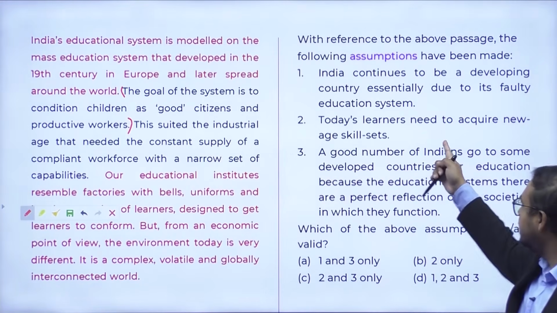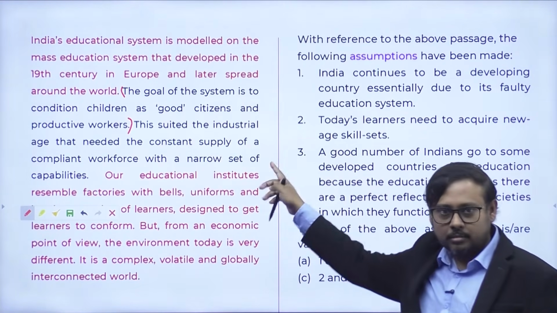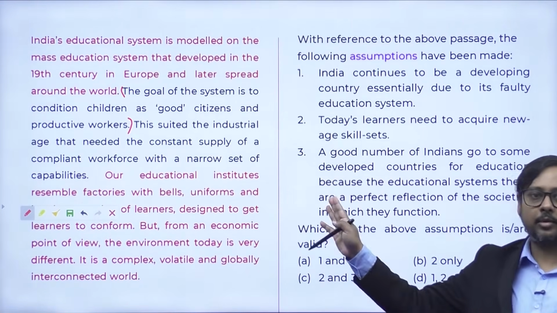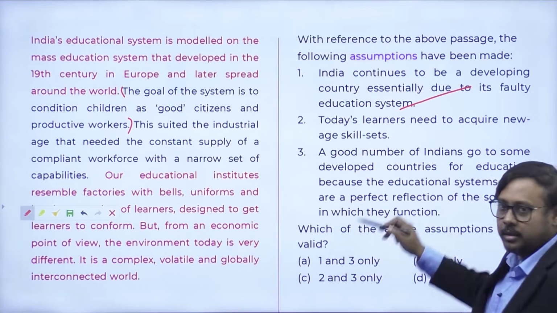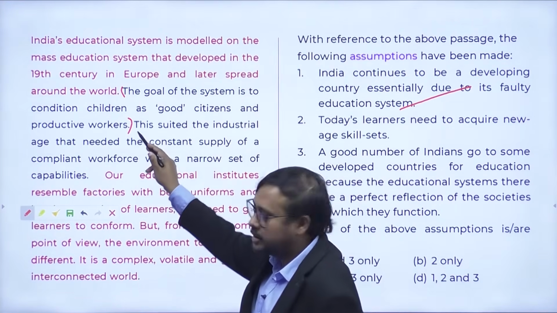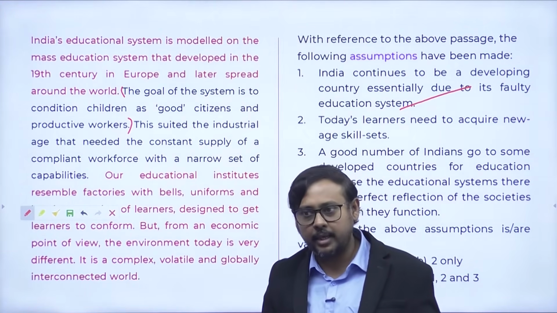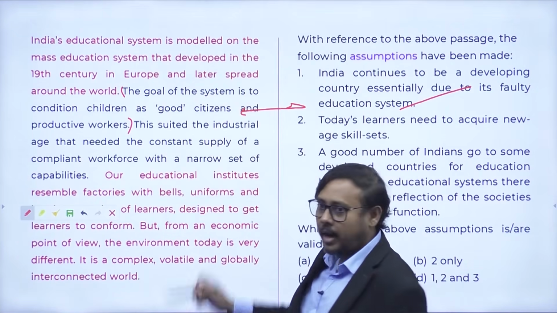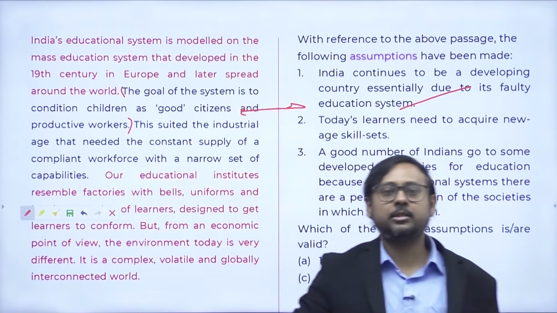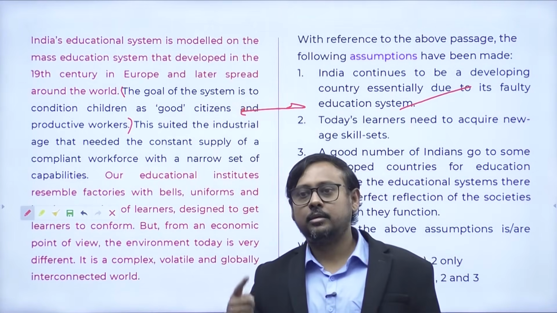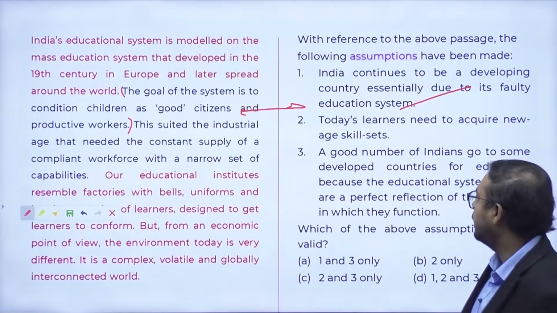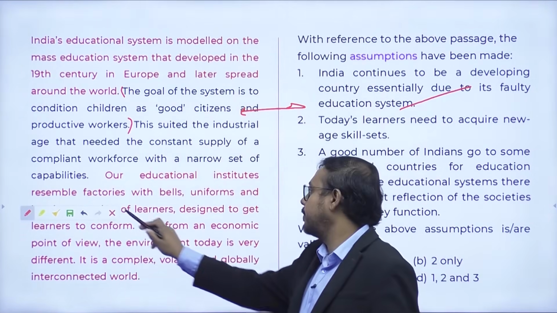So read, locate and identify. This is the process. Read the option, locate the option. If you can't locate it, then it is not an assumption. Read the option, locate the option, and then identify. Identification can be done in 2 processes. Is the author thinking about it or not? That is the first process, second is negation. Okay, let's go.